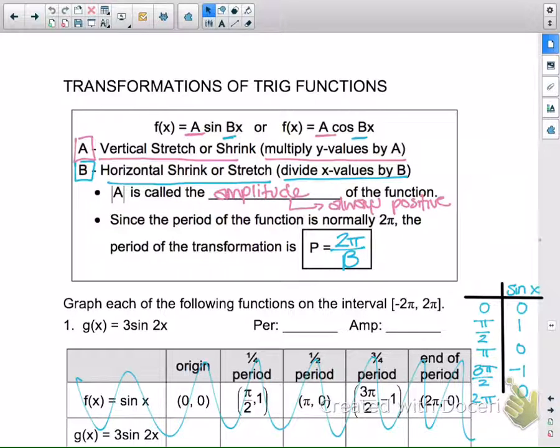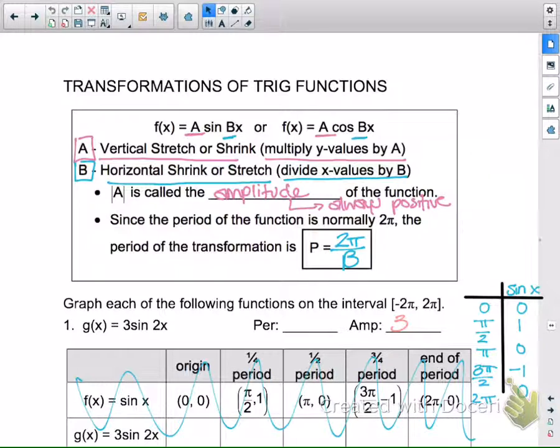If I look at my equation here to the left, I have an A value and I have a B value. What is my A? 3. That makes my amplitude what? 3. The amplitude is just the height of the wave. 3 up, 3 down. In the paragraph we just talked about up here with the formulas, we said we're going to take that A value and multiply it by what?